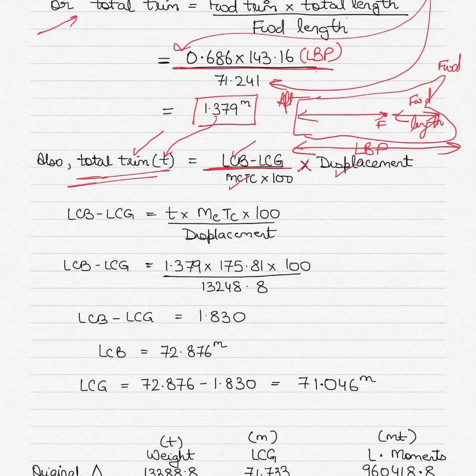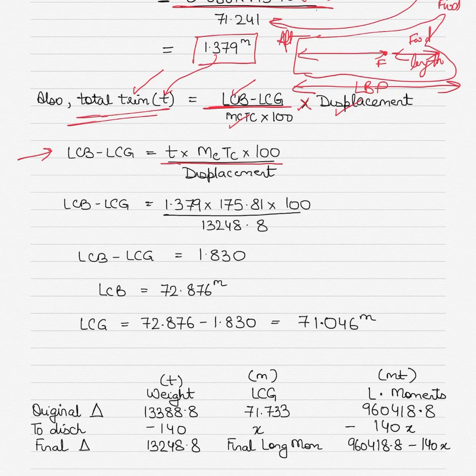So all you have to do is isolate LCB minus LCG on one side. Put in the values of trim, MCTC and displacement here. Remember, these are all freshwater displacement and freshwater MCTC values.